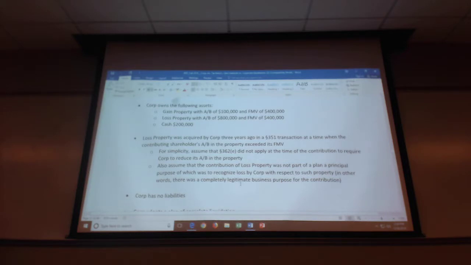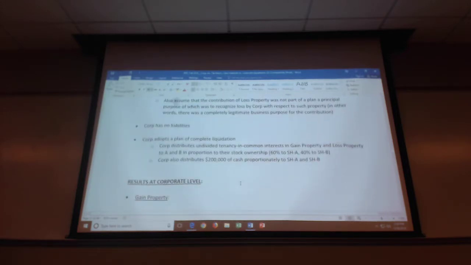So in this fact pattern, we assume that there's a pro rata distribution of both properties to the shareholders, as well as a pro rata distribution of cash.